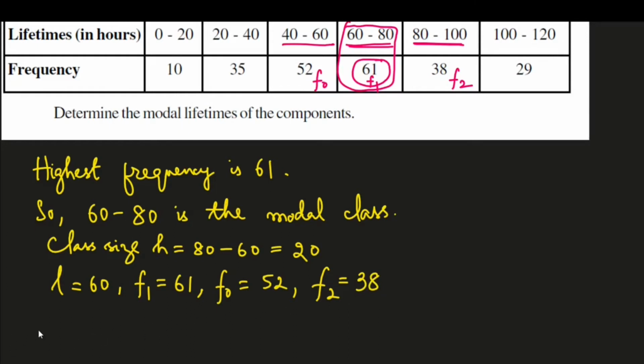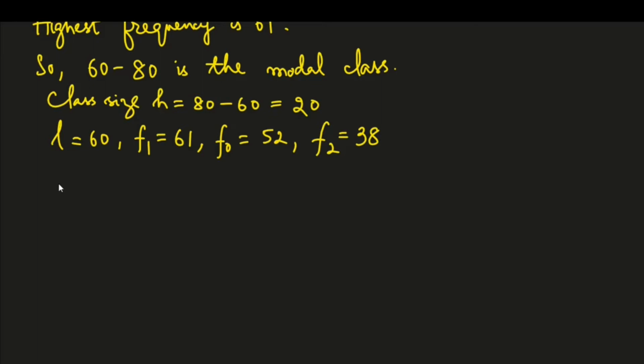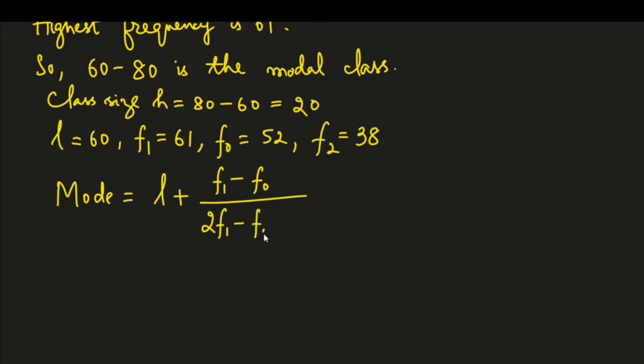Now, what is the formula for mode? Formula for mode is equal to L plus (F1 minus F0) by (2 into F1 minus F0 minus F2), whole this one into H. Now let us substitute the values. L is equal to 60.